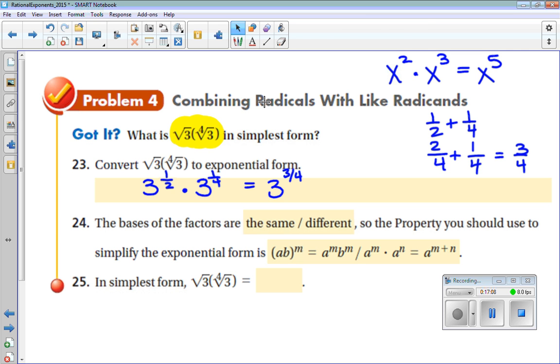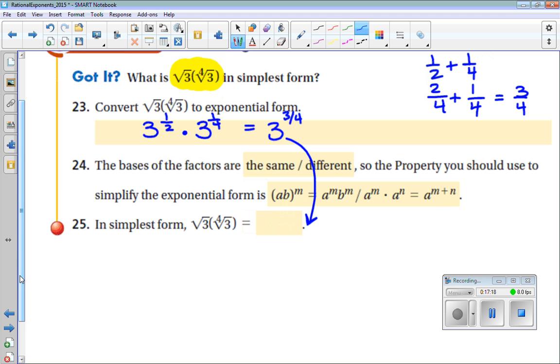All right, so that's nice and all, but we want to put our answer in radical form. So how do I change this to radical form? What's the index? 4. What goes underneath the radical? 3 to the third power, because the numerator is the power I raise it to.